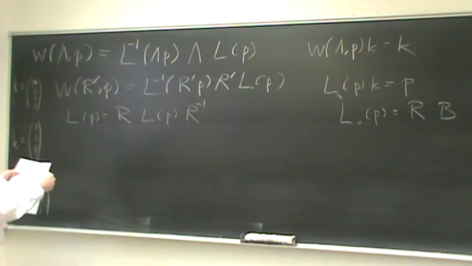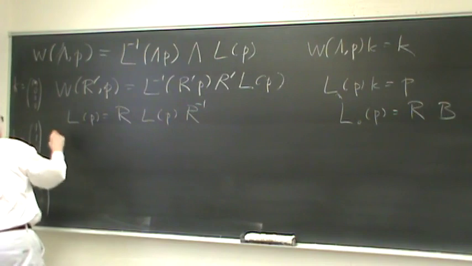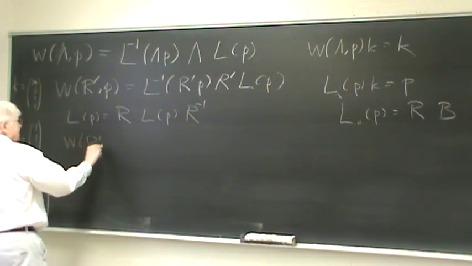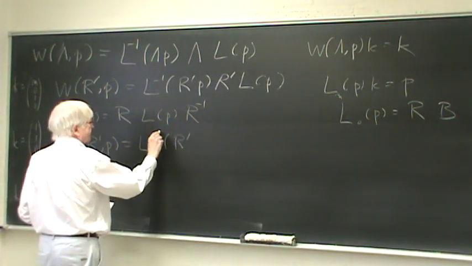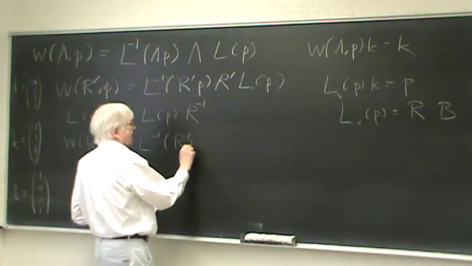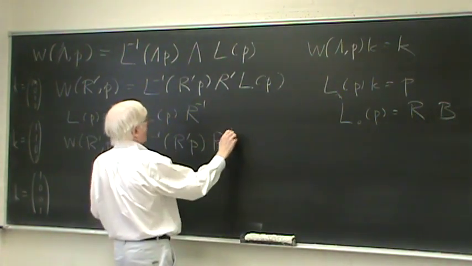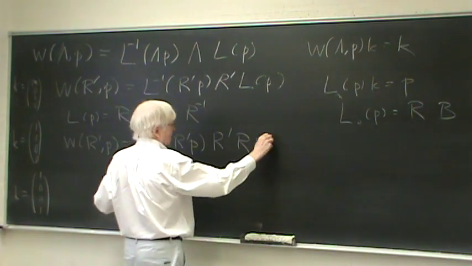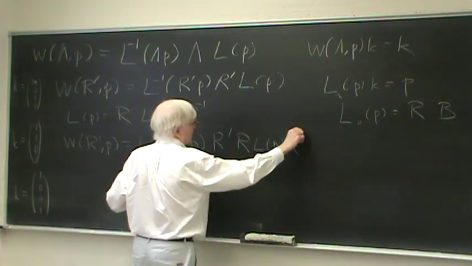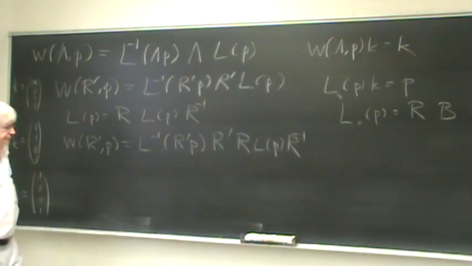Okay, so I've gone off on a couple of tangents from my notes, so let me get back to what we have here. So this W of R prime and p is L inverse of R prime p, R prime, and then this L of p for a massive particle is R L of p R inverse.